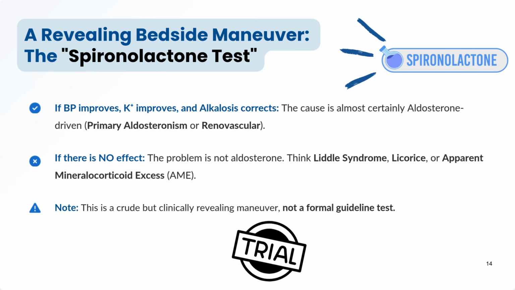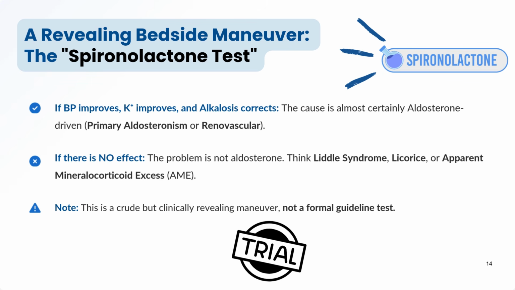Here is a really useful bedside maneuver that many clinicians overlook, the so-called spironolactone test. It's not a formal guideline recommendation, but it can be incredibly revealing when you are trying to sort out this triad of hypertension, hypokalemia, and metabolic alkalosis. The idea is simple: give a small dose of spironolactone and watch what happens over the next hours to days.